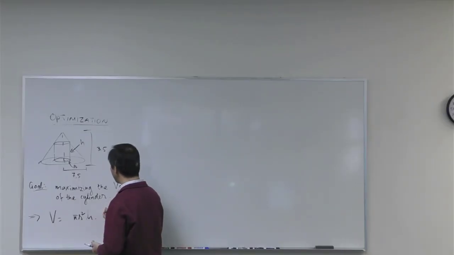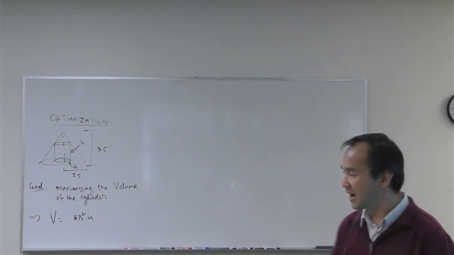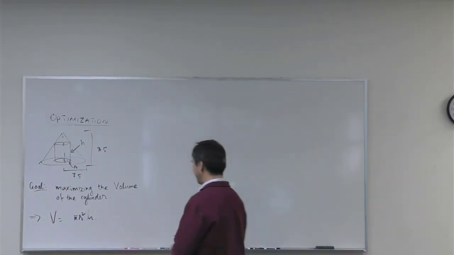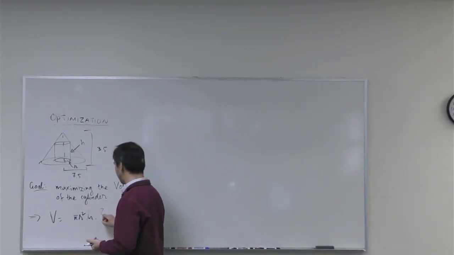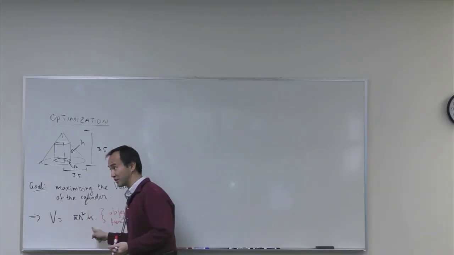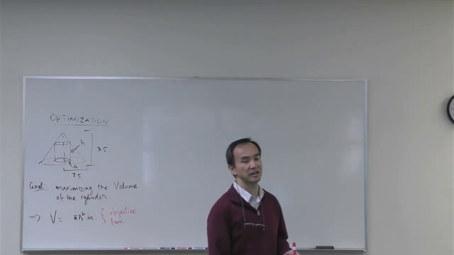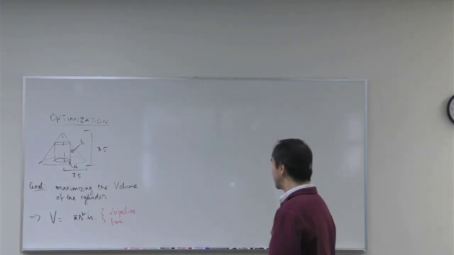But what's the issue here? Now that we have it, we're sort of at step 2. Yes, we've got our objective function, but the problem is that it has multiple variables. It's got r, the radius of the base, and it's got the height, because these are all adjustable.